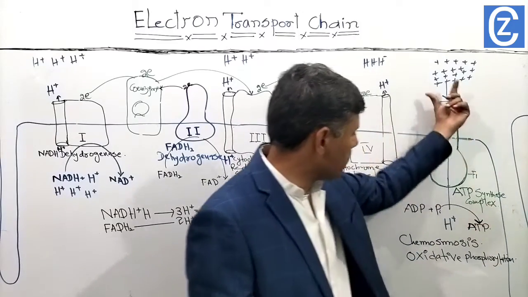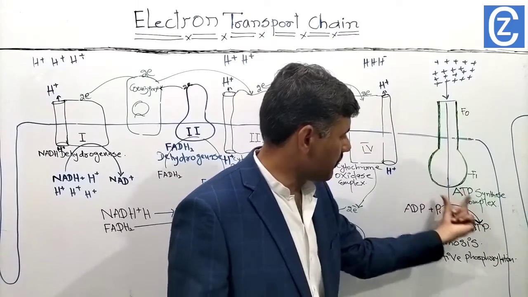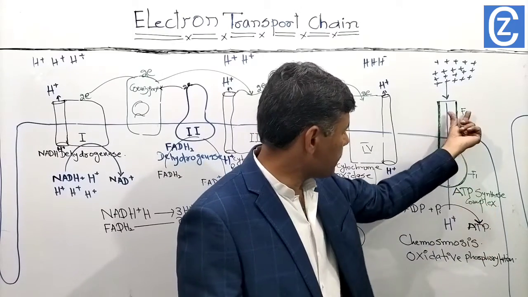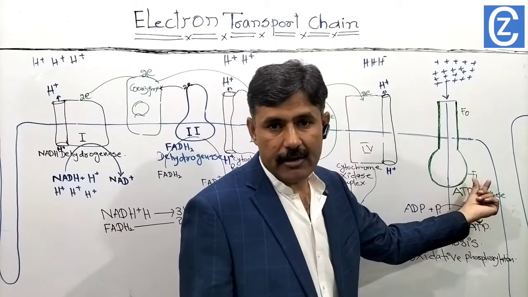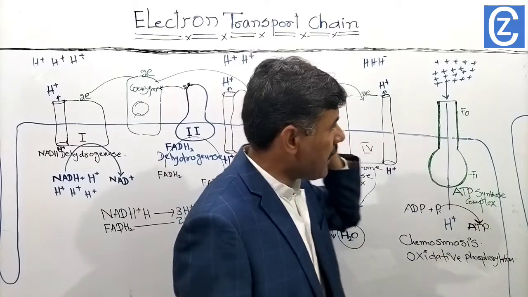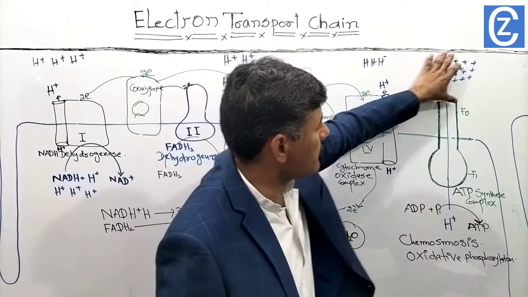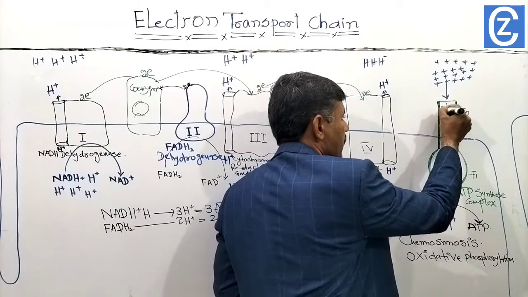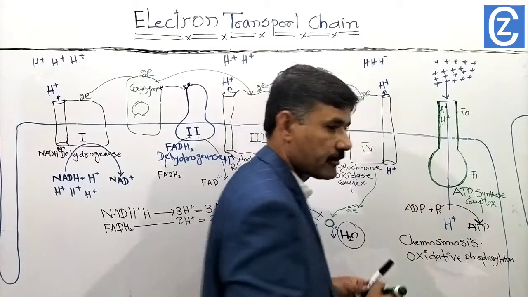This happens with the help of a complex that is called ATP synthetase complex. It has an F0 part and it has an F1 particle. What will happen from the lumen when there is a higher concentration of protons? Protons will enter this part of the ATP complex.